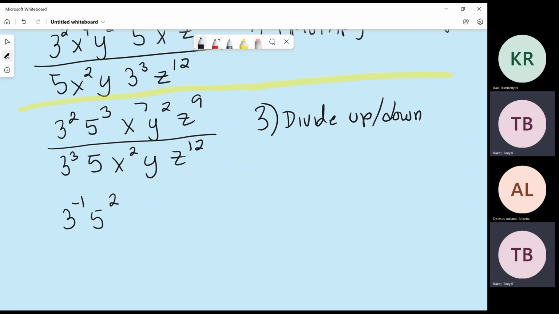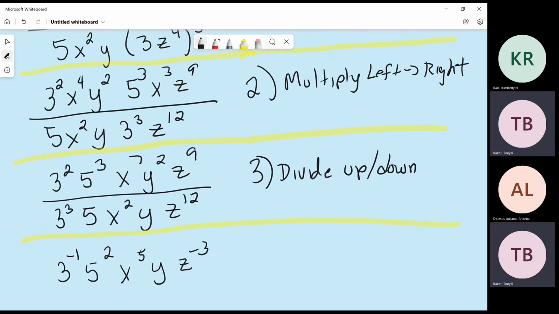And notice everything's lined up, because I wrote them in numerical and alphabetical order, so everything is lined up right above each other. Then I have x to the 5th, y, and z to the negative 3rd. Sure, that's fine.